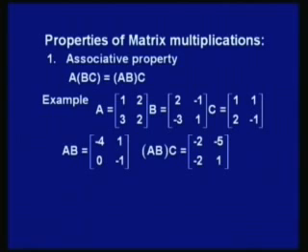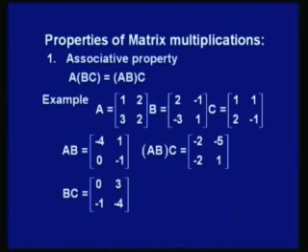Now I compute BC also, this matrix BC. BC is this multiplied by this, so this multiplied by this gives me 0, this row multiplied by this column gives me 3, the second row multiplied by the first column gives me this element, and this row multiplied by this column will give me this element.